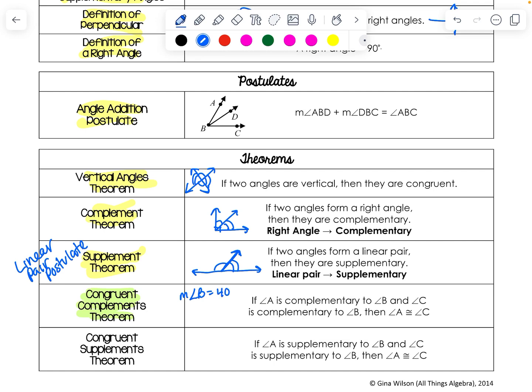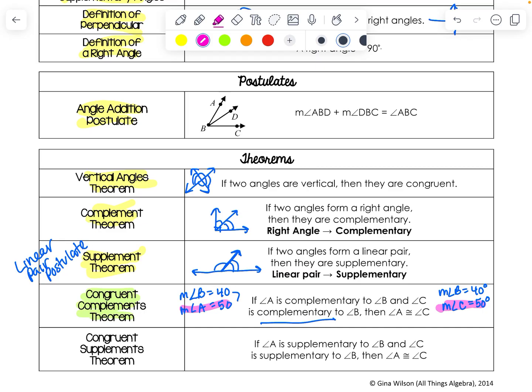The measure of angle A would have to be equal to 50 degrees, right? Because they're complementary. Now, if the measure of angle B is still 40 degrees and it's complementary to C, doesn't C have to be 50 degrees as well, making C and A equal to each other or congruent? I think about this like the transitive property with complementary angles. If they're complementary to the same angle, then they're going to be equal.